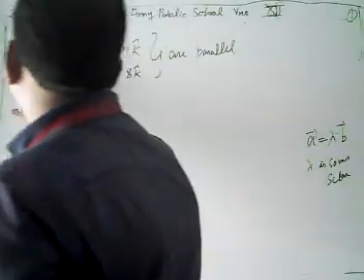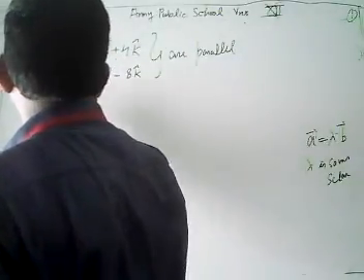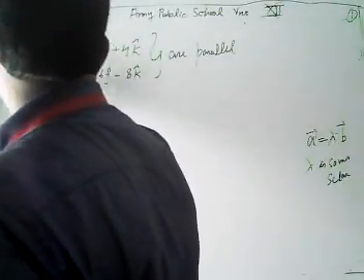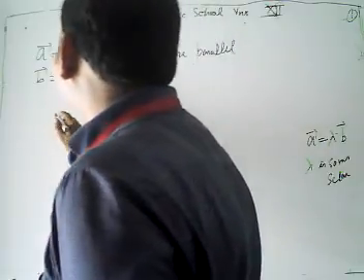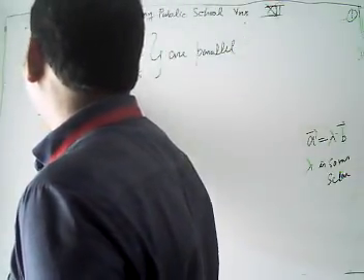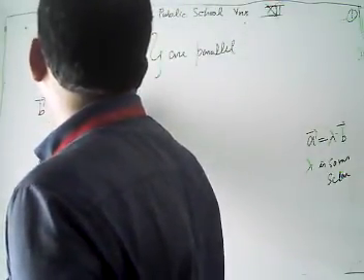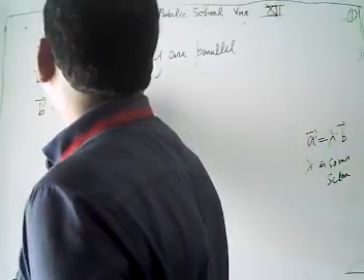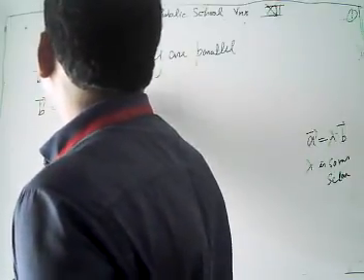Now we have vector A and vector B. Look, if we take vector B and take minus 2 common, what do we have?